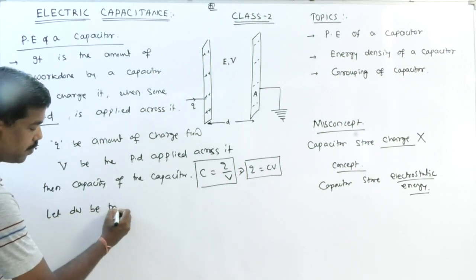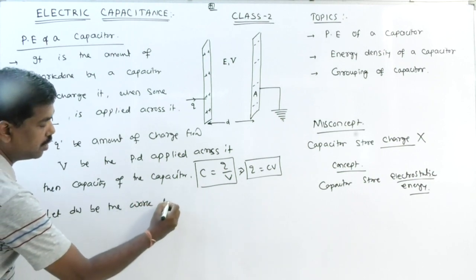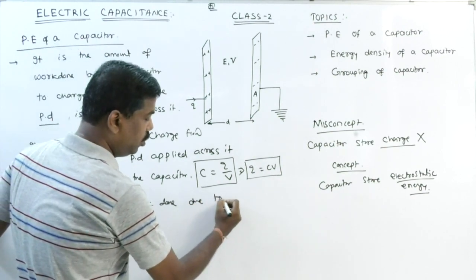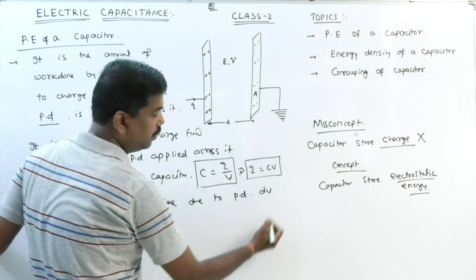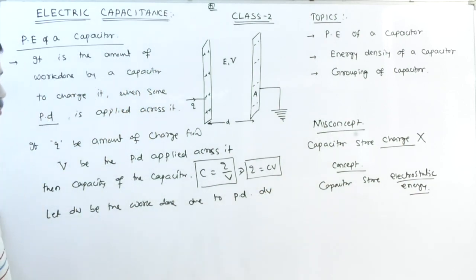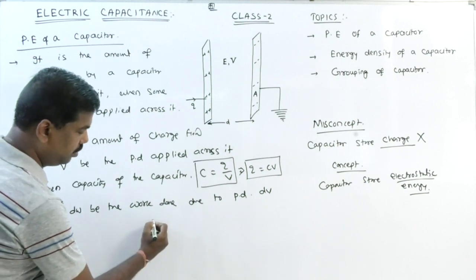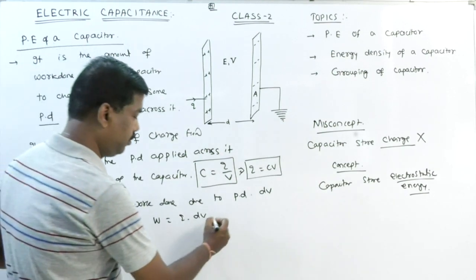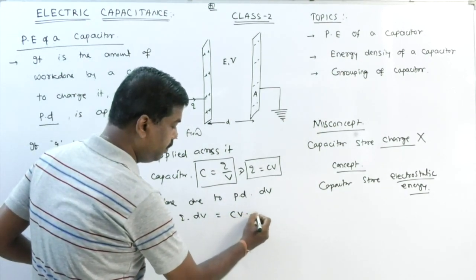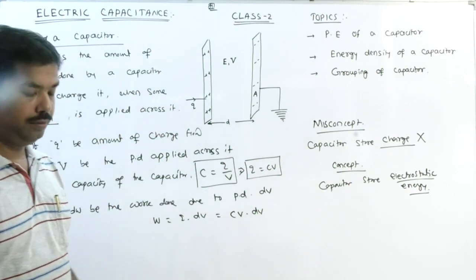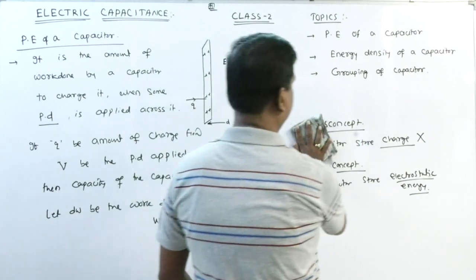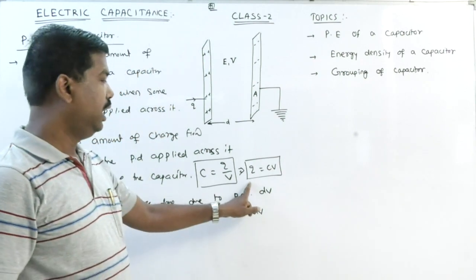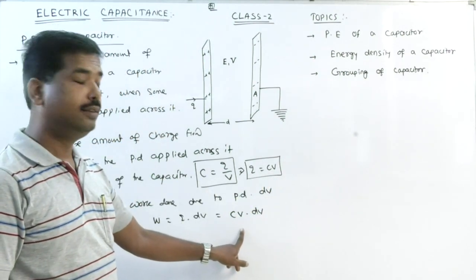Let dW be the work done due to potential difference dV, then dW is equal to Q dV, or instead of Q I can write it as CV dV. As Q is equal to CV, instead of Q I can write CV dV.